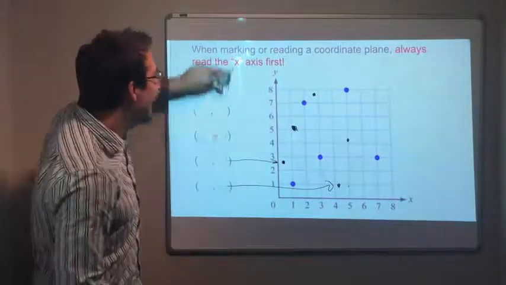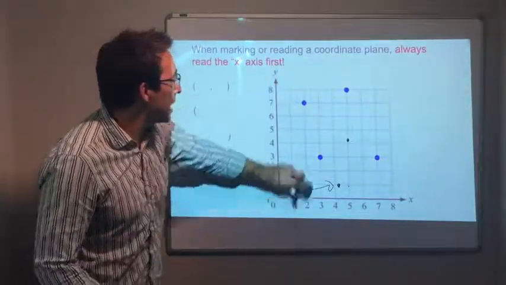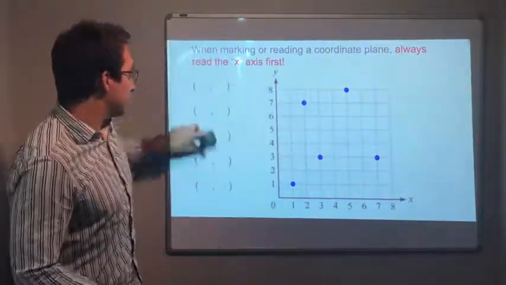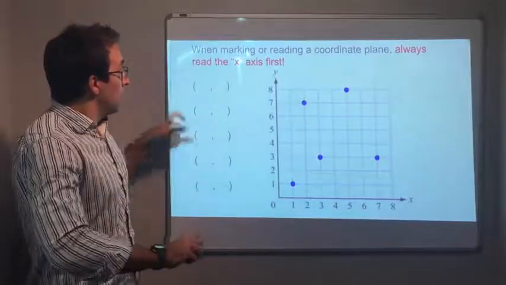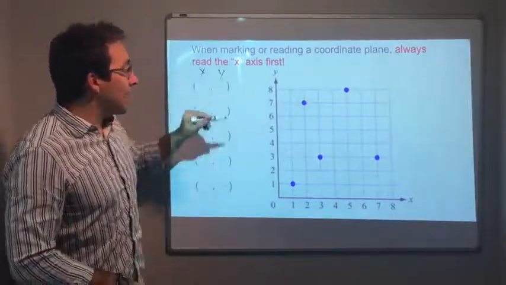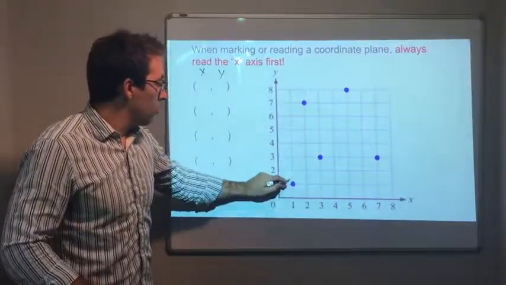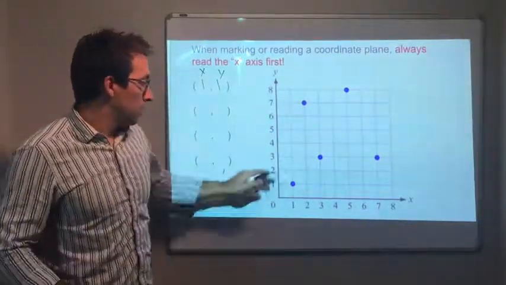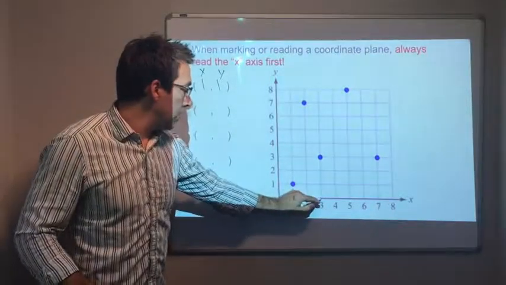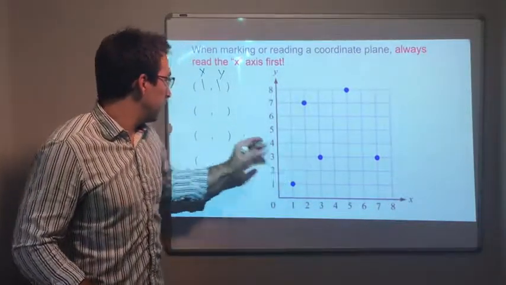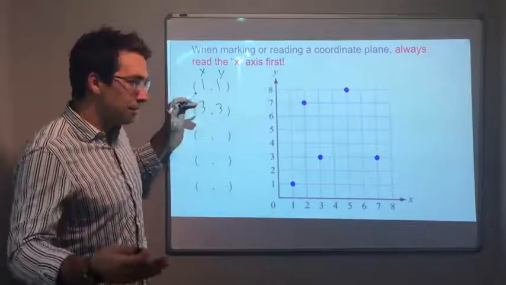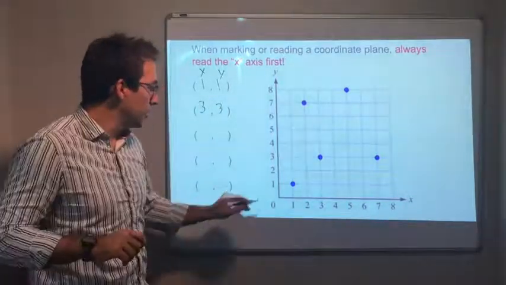All right, last bit of examples, last practice problems. X comes before Y. Our x always goes first. So we'll start here: 1, 1. 1, 2, 3 and 1, 2, 3. It's pretty easy, right? X and y are the same.